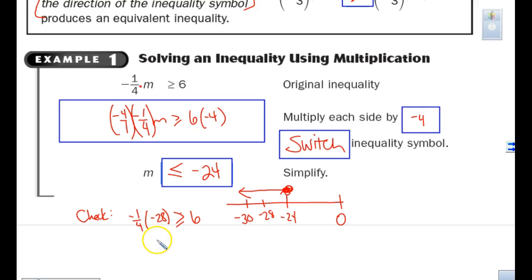And a negative times a negative? Isn't 7 greater or equal to 6? Yes. So this arrow is telling us we graphed it the right way and we changed this inequality. Because if we would plug in 0, it would make it a false statement, right? 0 is never going to be greater or equal to 6, right? But when I multiply that by a negative.